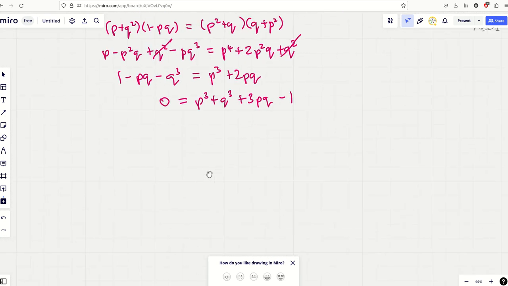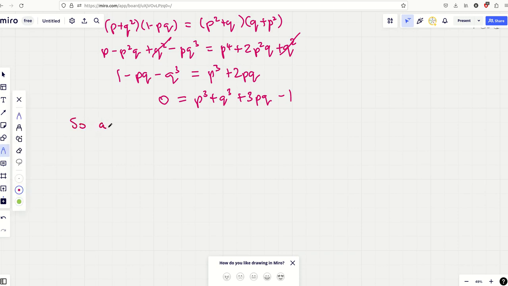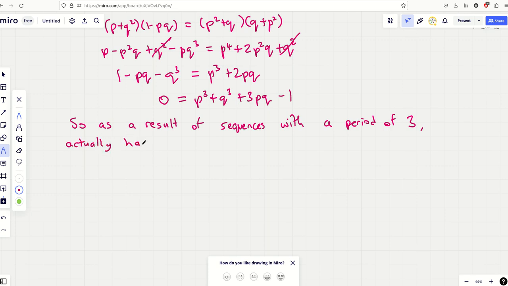I said, okay, as a result of sequences with a period of 3 actually having a period of 1 if the terms are all the same, if it's actually got a period 1, if x equals y equals z, we have p plus q equals 1.